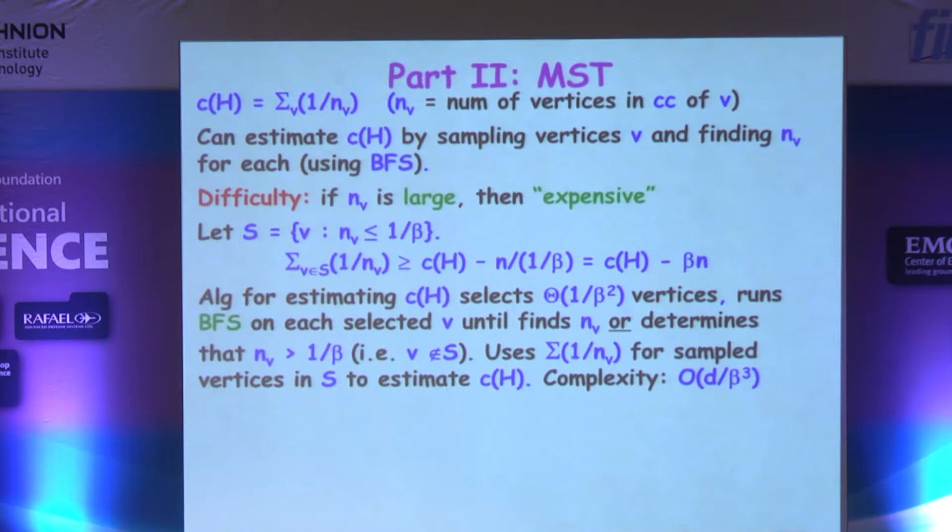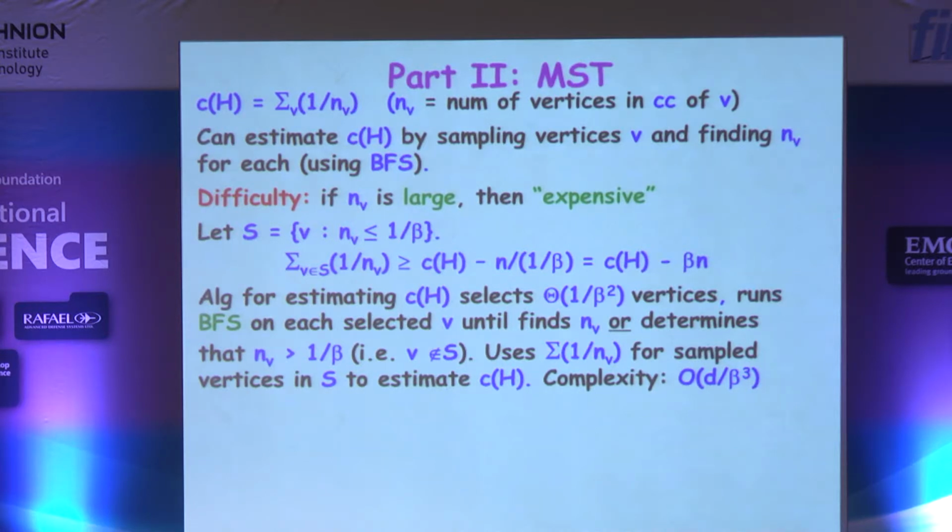The algorithm for estimating the number of connected components will select some number of vertices as a sample; we'll see what beta is. For each one it will run a BFS, but here's the point: the BFS will run until it gets the number of vertices in my connected component, or it will have a threshold.